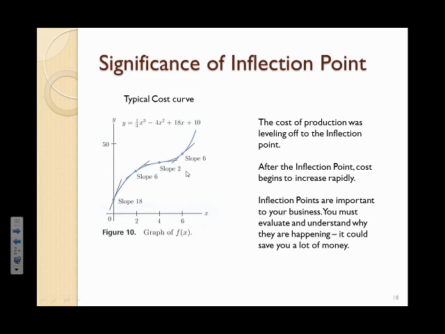Maybe that means that your method of production for making smaller quantities is good, but it's not adequate for producing a larger quantity, say 10 or more. So you may need to look into another production method. You may look into simply reducing cost. Is there a way to reduce cost so that producing 10 units will not be so expensive? So it's something to pay attention to. You could save you some money, or your business some money.